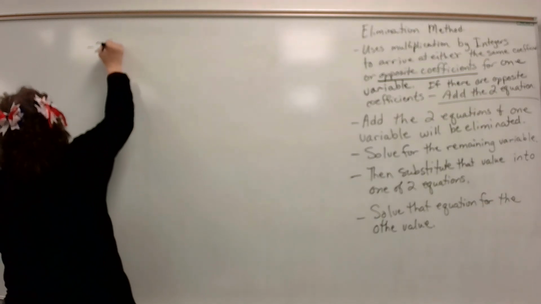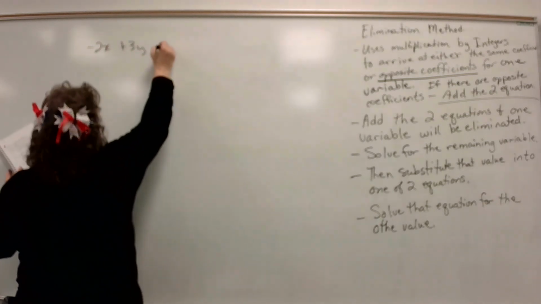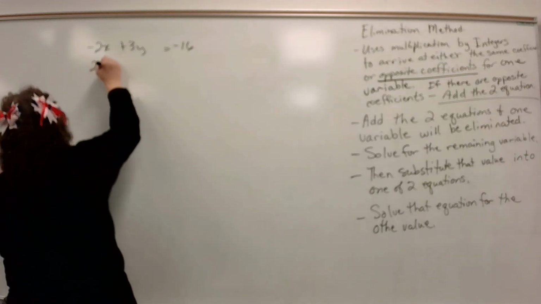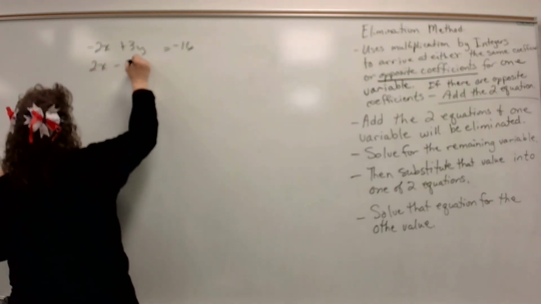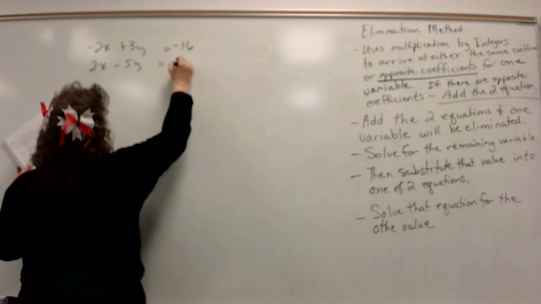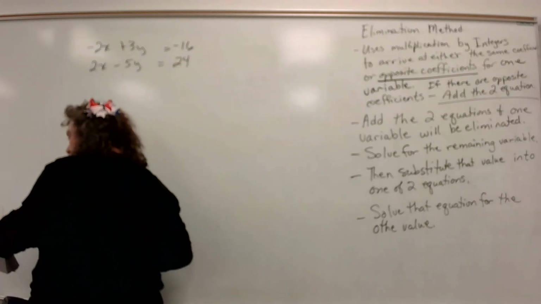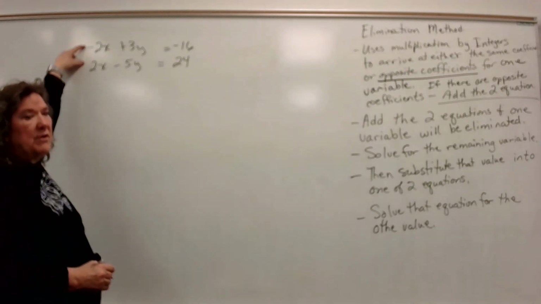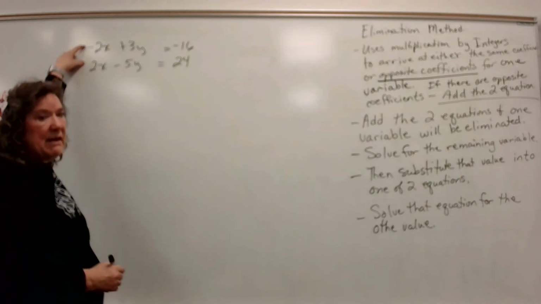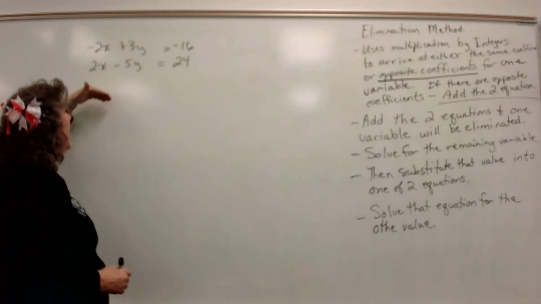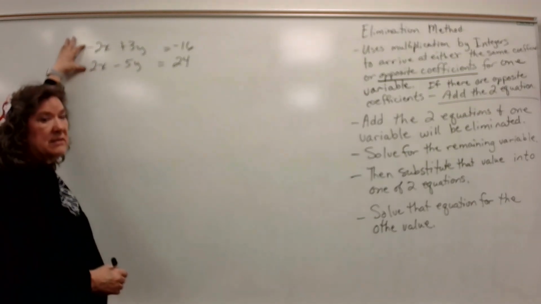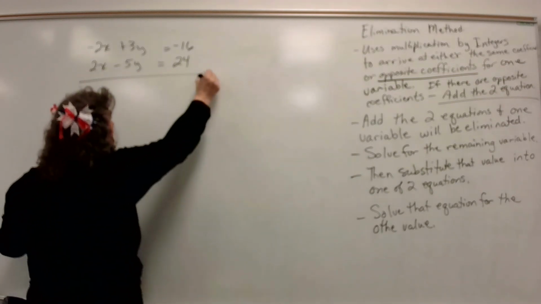Negative 2x plus 3y equals negative 16, and 2x minus 5y equals 24. Notice I have the same coefficient in front of the x, except they're opposite signs. So if I add these two equations together, this is going to cancel out and end up being 0.